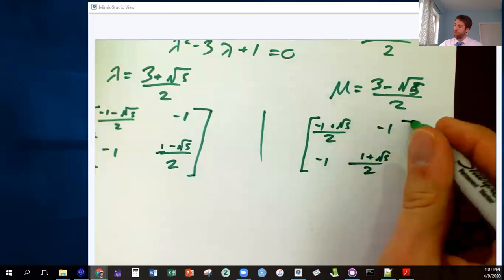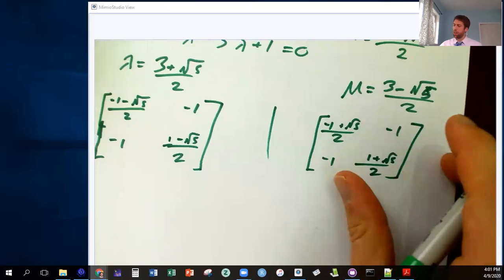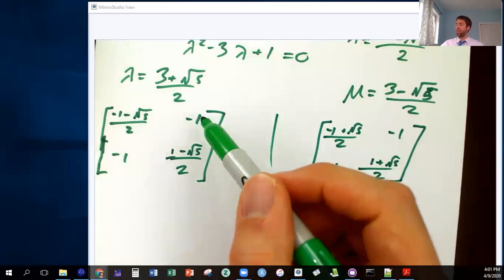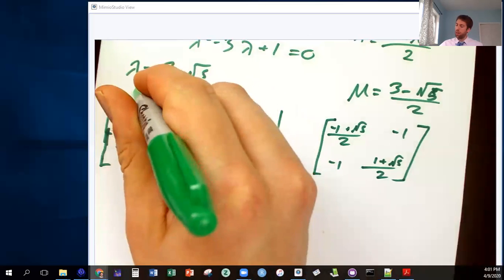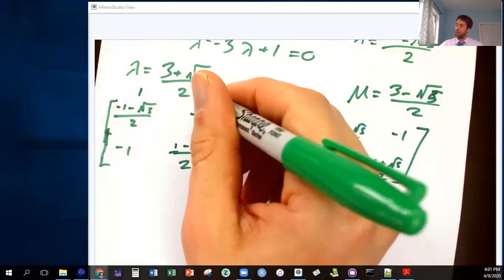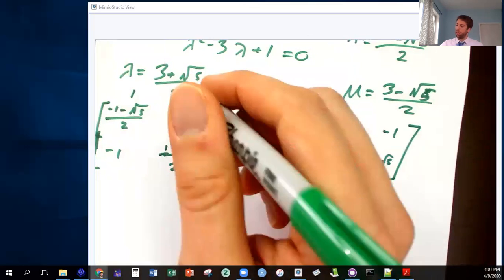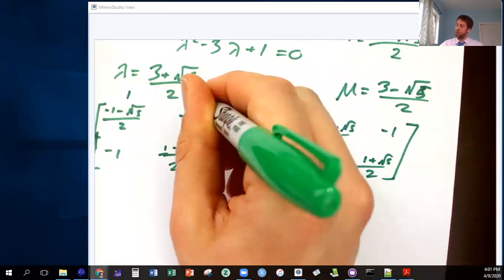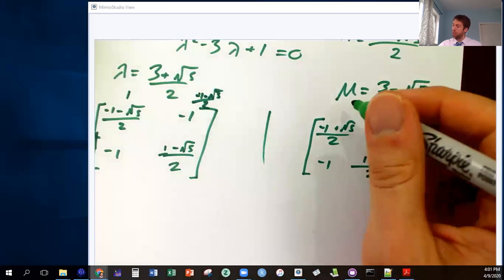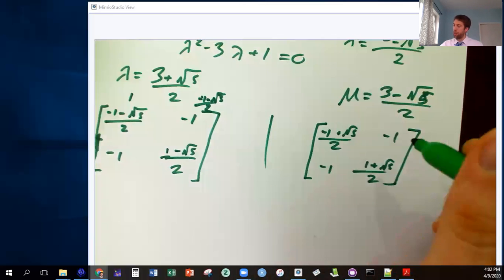All right, so now let's think about the kernel vectors. Well, it's nice that I have a -1 here. So if I have a 1 here, and I copy this term right there, then I'll have 1 times it plus -1 times it. So -1 minus square root of 5 over 2 are my good components. Similarly, I've got the -1 there, the same thing applies.